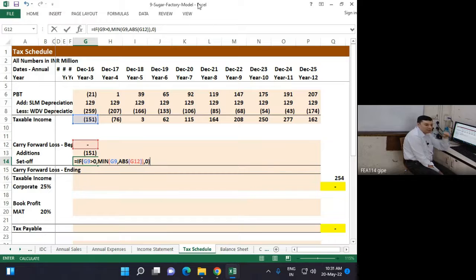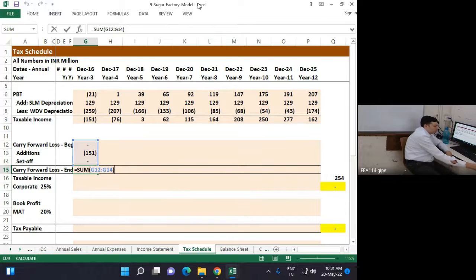Okay, set off formula and then add on for the ending balance of carry forward. Carry forward loss ending balance.